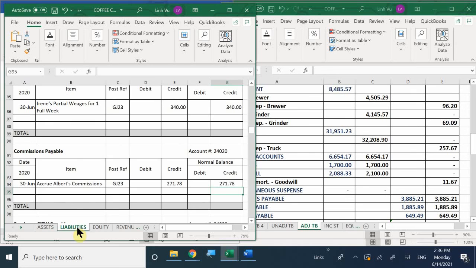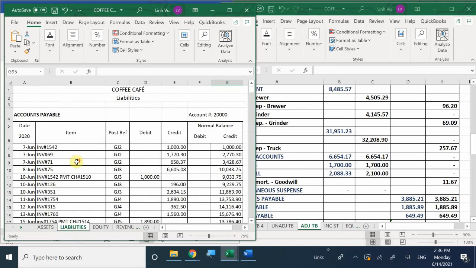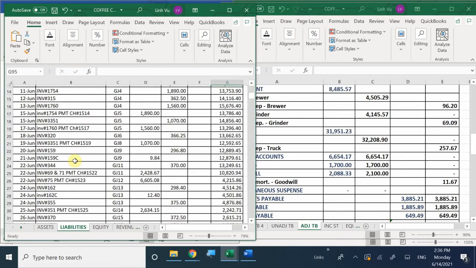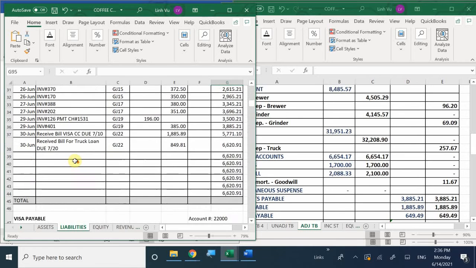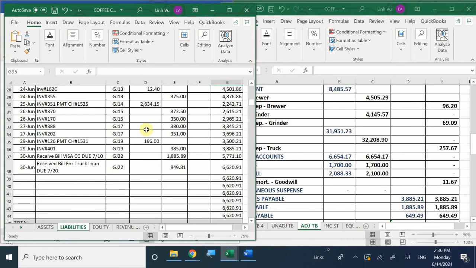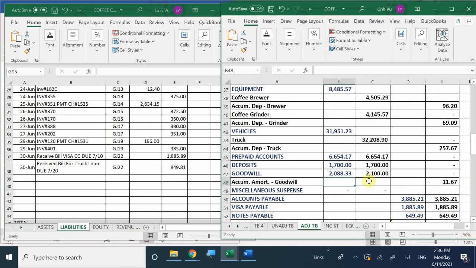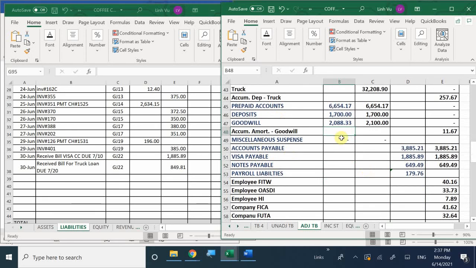All right, let's start with liabilities. Liabilities are accounts payable. What's my total value in my accounts payable? 849.81. Wait, that's my value?